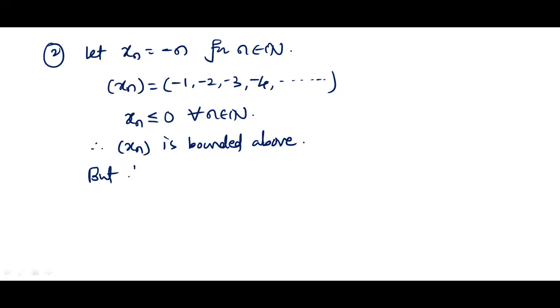Therefore, xn is not bounded below. Means this is a bounded above but not bounded below sequence of real numbers.